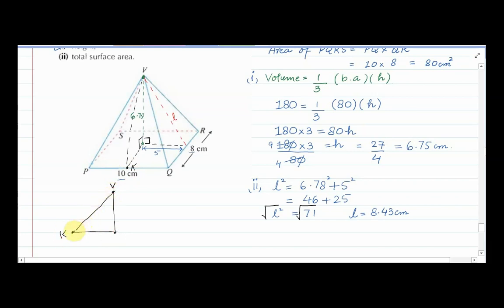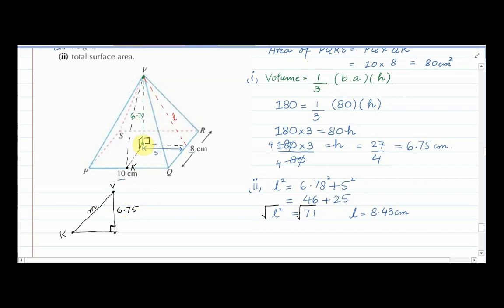And we need to find the value of VK. Because I took L here, I say this value is M, unknown, and that is my right angle triangle. Now the value from V to the center is 6.75. So this value here is 6.75.